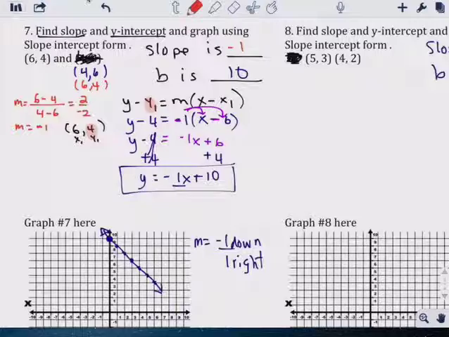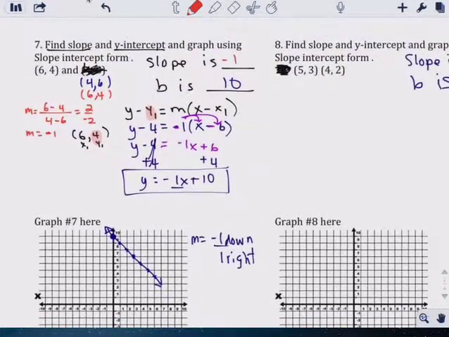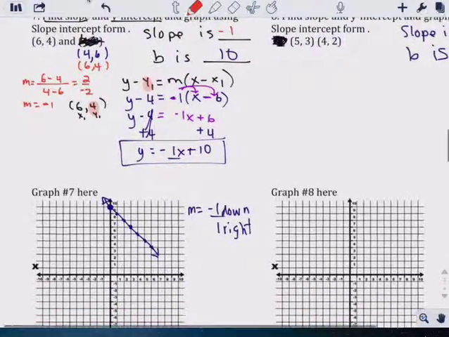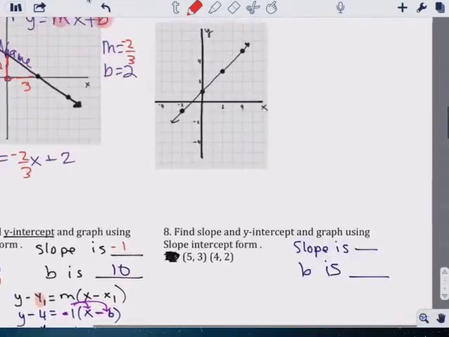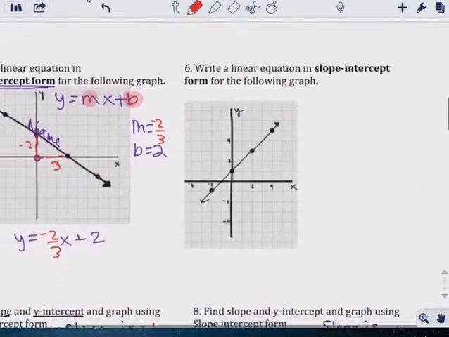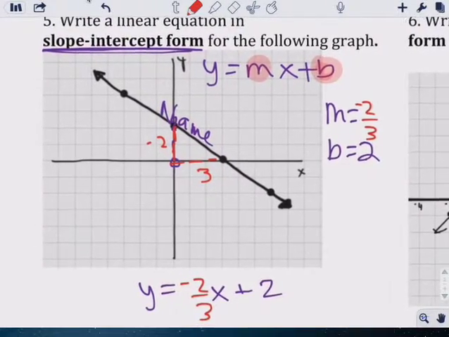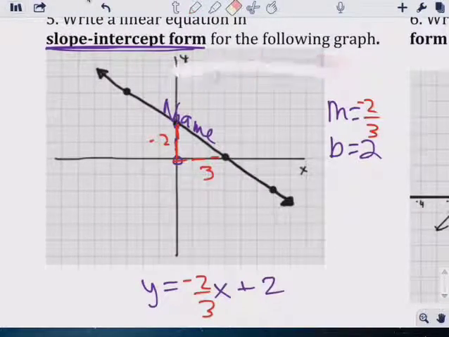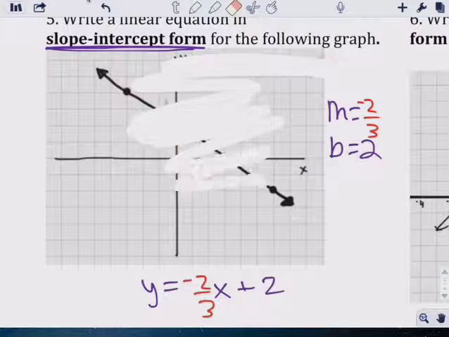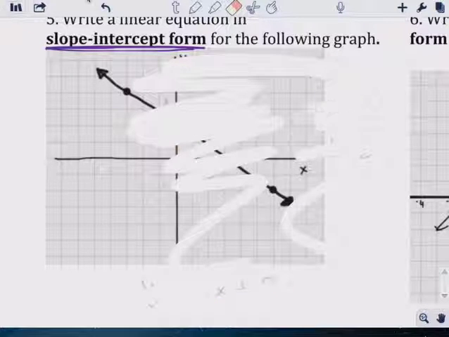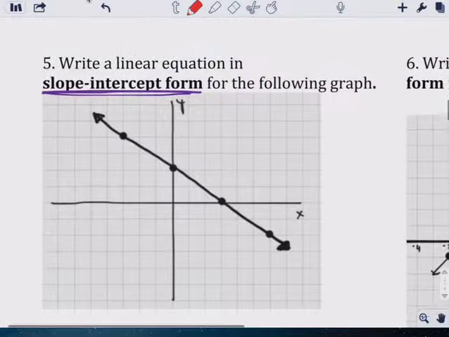But period 4, we did this, like you should have gotten this. Let's do number 6. Period 4, I did not do number 5 with you guys, I don't think. So I'm going to erase all this. So this is for period 4, 2, and 4.